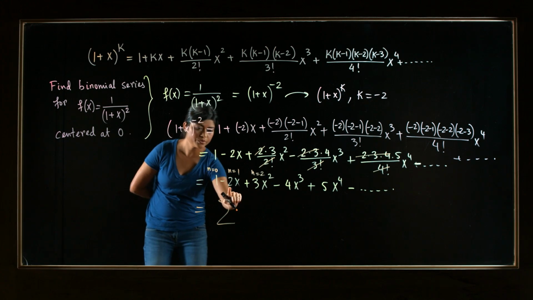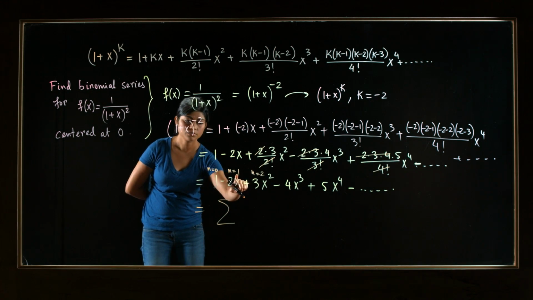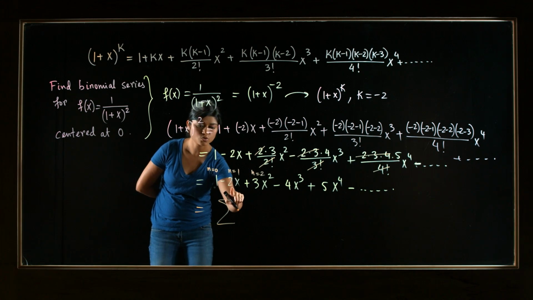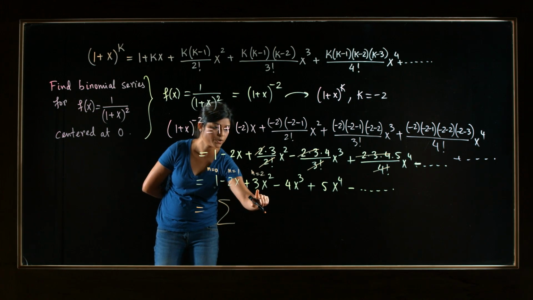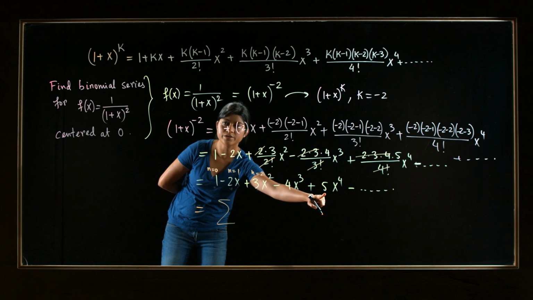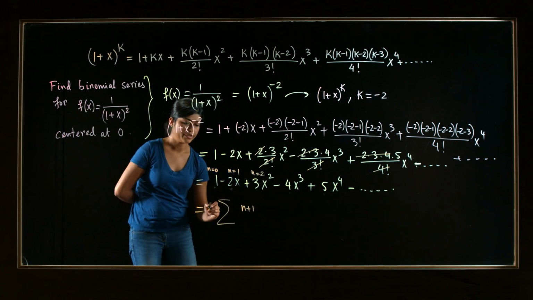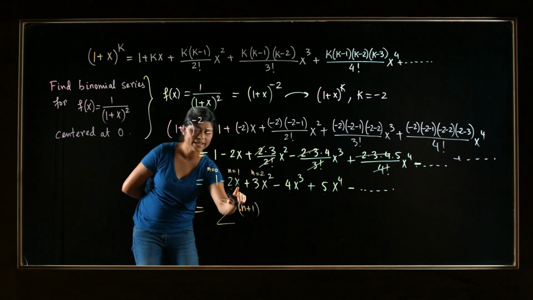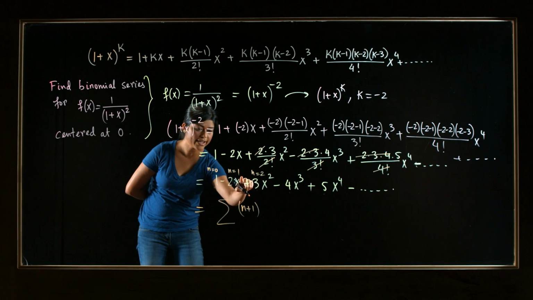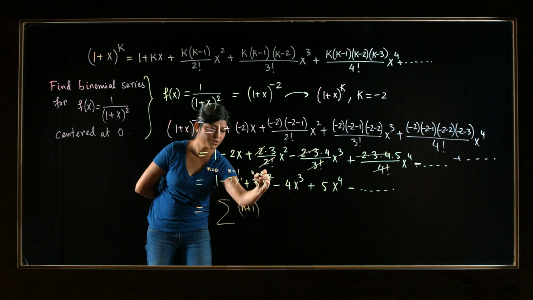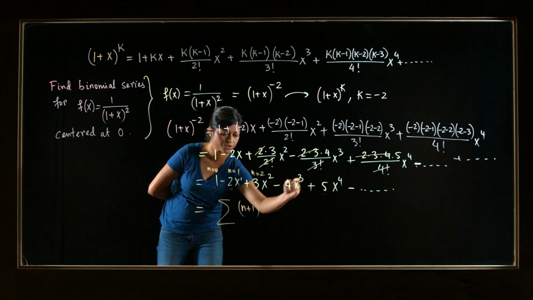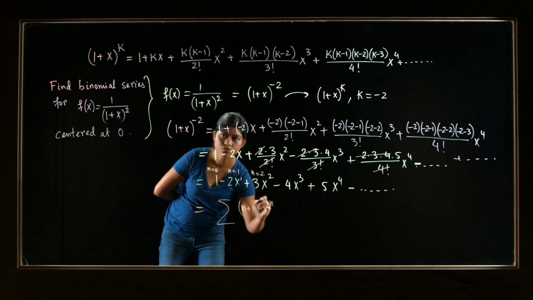How do we write 2 in terms of 1? If you write n plus 1, this is 0 plus 1, 1 plus 1, 2 plus 1, 3 plus 1, 4 plus 1. So we'll have an n plus 1. Now what about x? For n equals 1, x has a power of 1; for n equals 2, x has a power of 2, and so on. So we'll have x to the n.